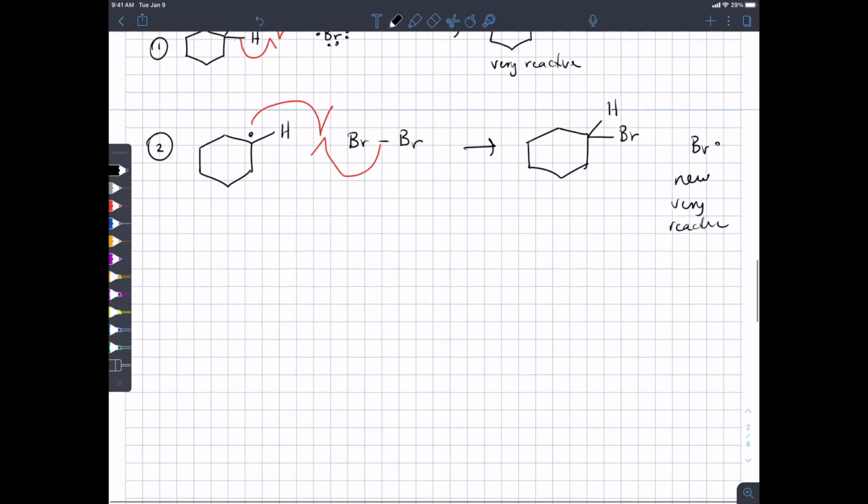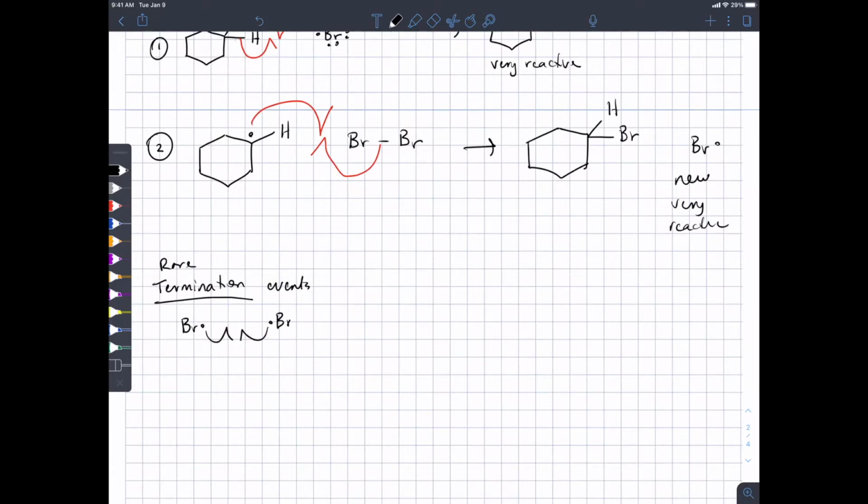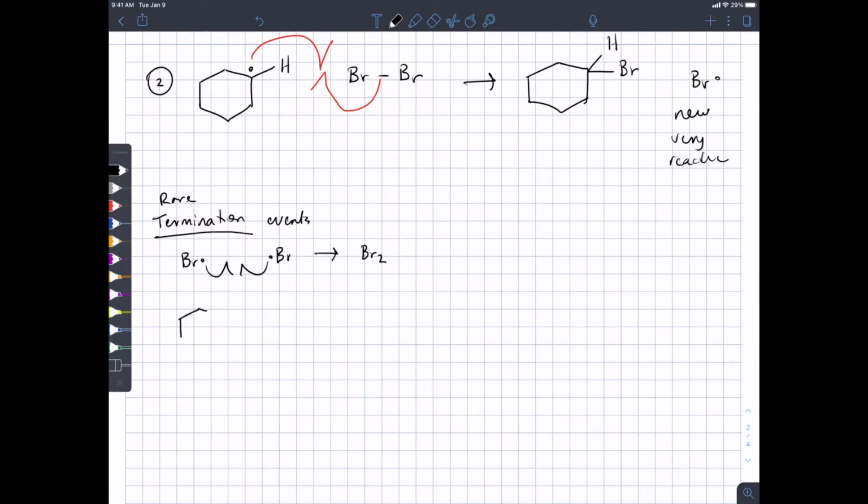After a while, if the concentration of radicals starts to build up, you can have these rare termination events. And this is where one bromine radical finds another bromine radical. They recombine to give you not a radical, or say a carbon radical finds a single bromine radical and they recombine to give you a product that we made earlier.